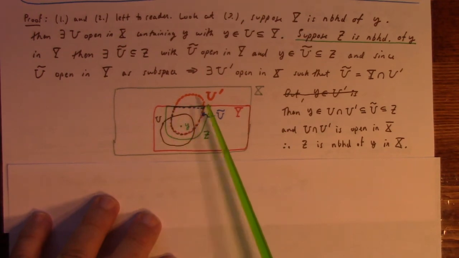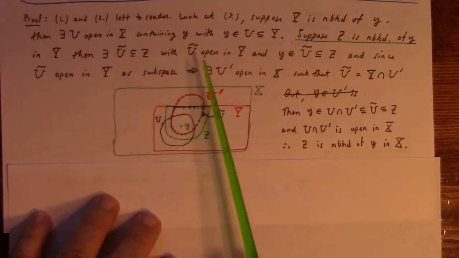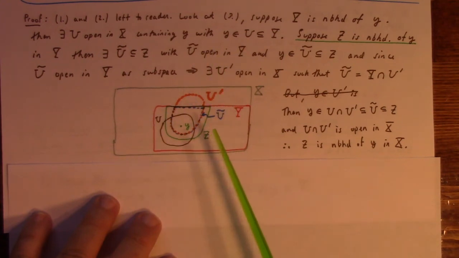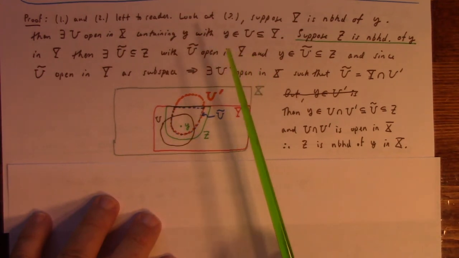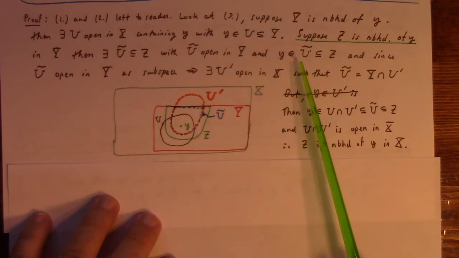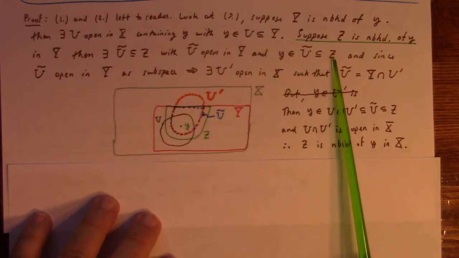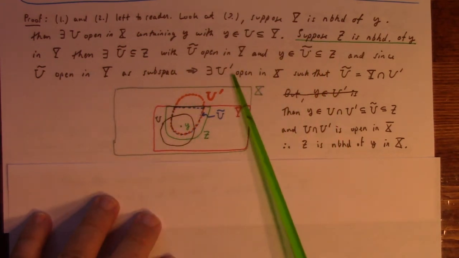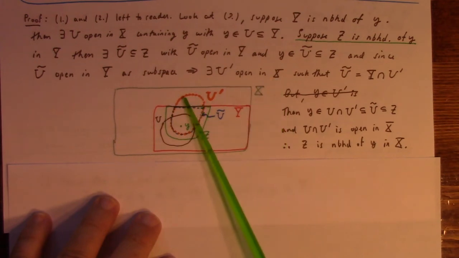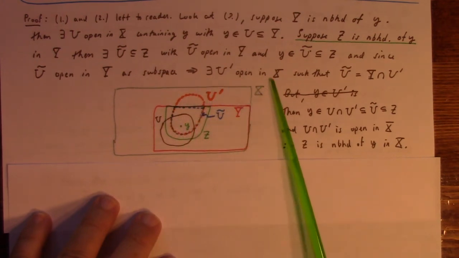So there's a U tilde subset of Z where U tilde is open in Y. Here Z is a subset of the subspace Y, so we're judging neighborhood by the subspace topology in Y. So U tilde is open in Y, and of course little y is an element of U tilde, which is a subset of Z. Since U tilde is open in Y as a subspace, there exists U prime open in X, which I've made as this orange thing here, such that U tilde is the intersection of Y and U prime.